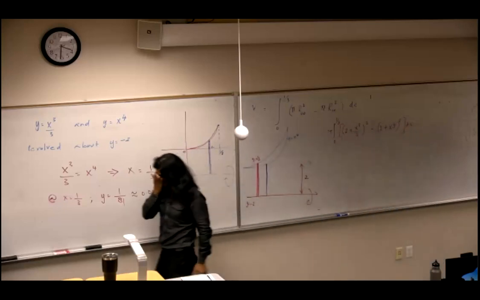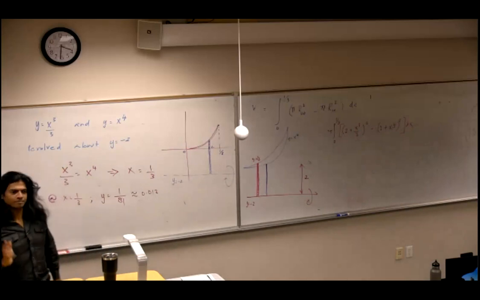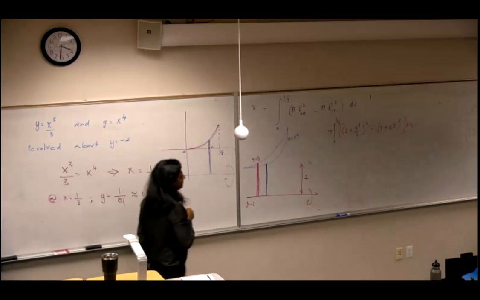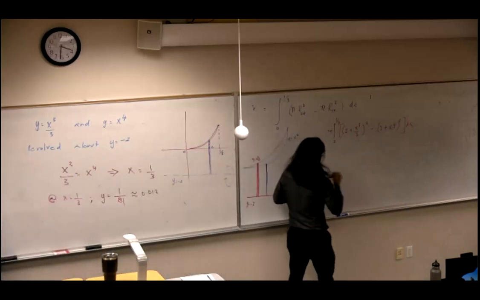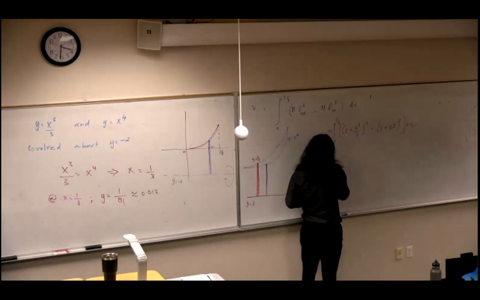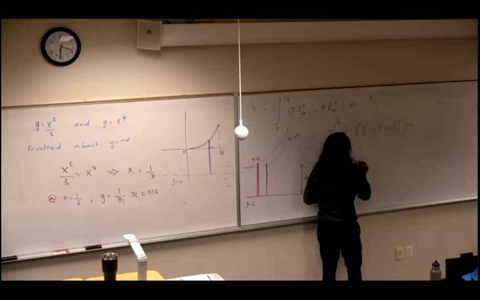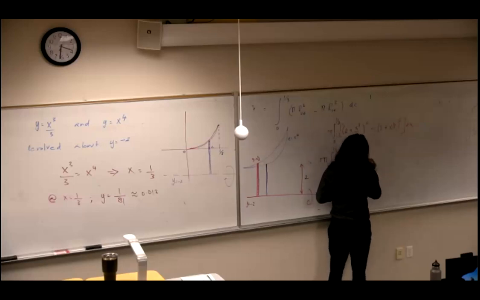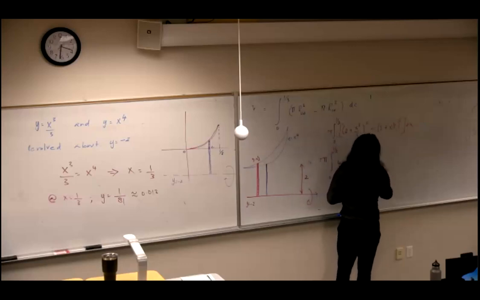How do we integrate? You have to FOIL first. Don't have to worry about the lower limit, it's all going to be 0, but still. If you FOIL, you'd have 4 plus x to the 6 over 9 plus 4x cubed over 3.